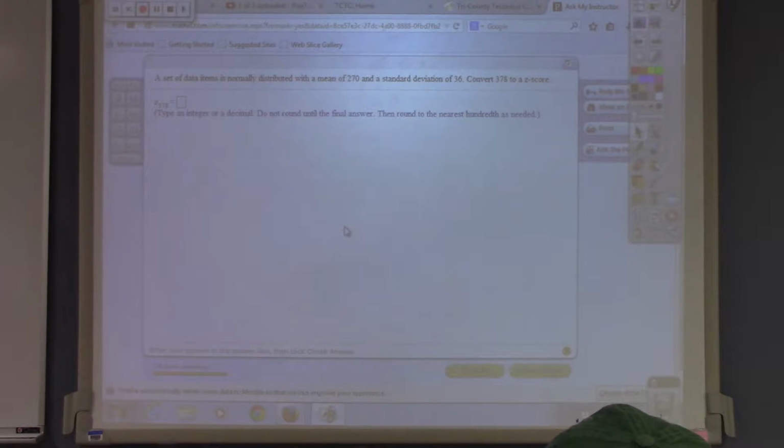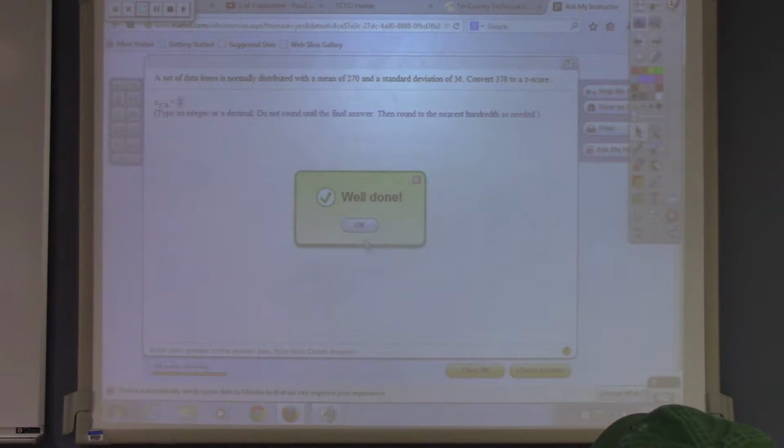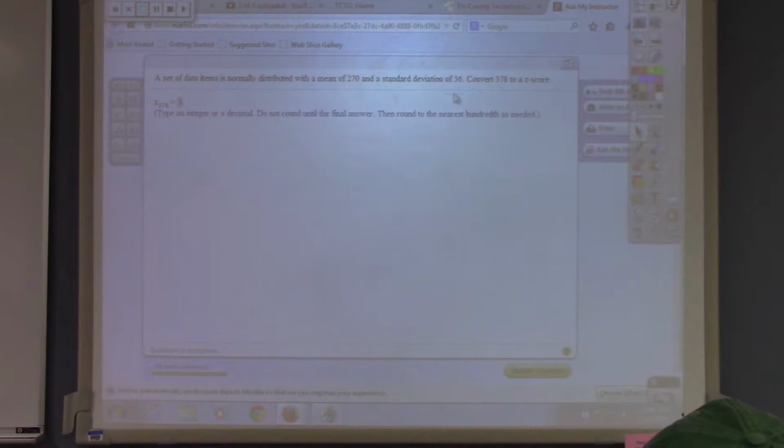And that's 108. And what's 108 divided by 36? 3. And that's your answer. So you might want to make a note about this one. This one is just plug and chug. You don't have to do anything. Plug and chug. 378 minus 270 over 36.